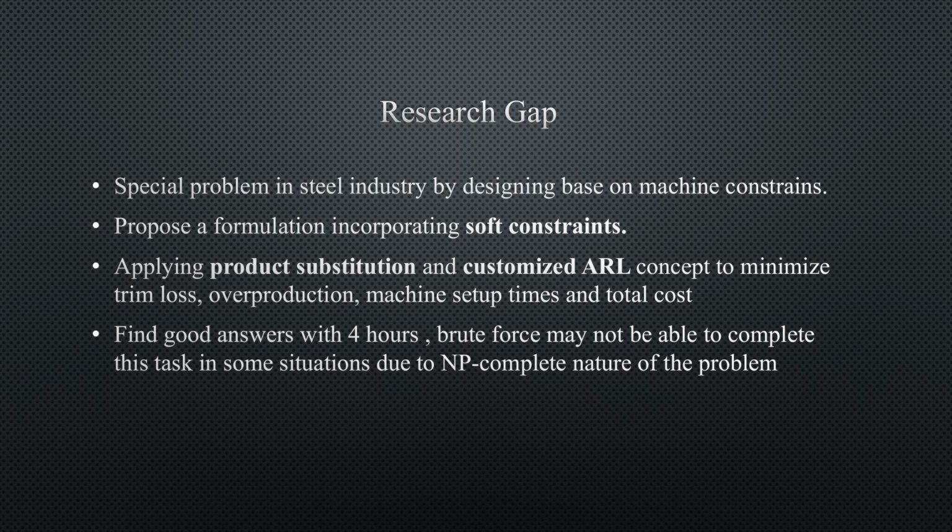By introducing adjustable stock roll length, SRL, we propose a novel mathematical formulation that incorporates these soft constraints. Furthermore, we applied both product substitution and the customized SRL concept to simultaneously minimize trim loss, overproduction, machine setup times, and total operation costs.